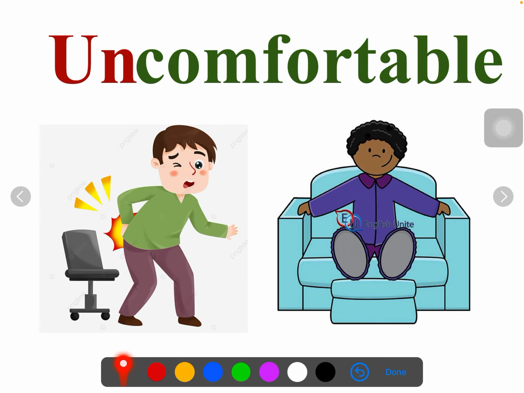To be uncomfortable means not comfortable. So girls, adding the prefix un gives us a new meaning, or the opposite of the root word. So this is the root, comfortable. Adding the prefix un gives us a new meaning.